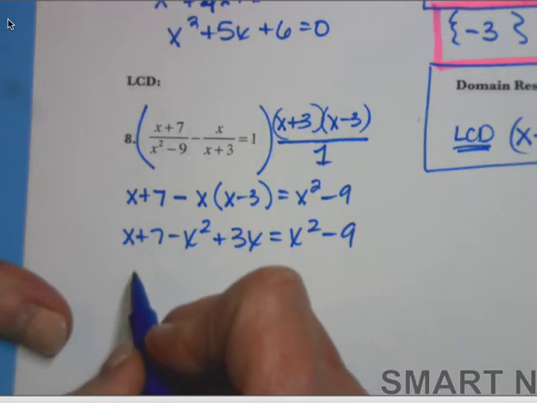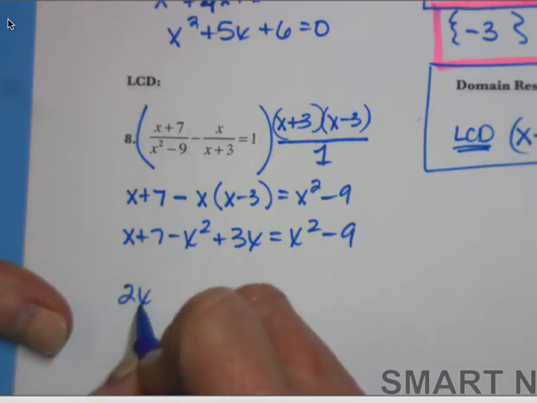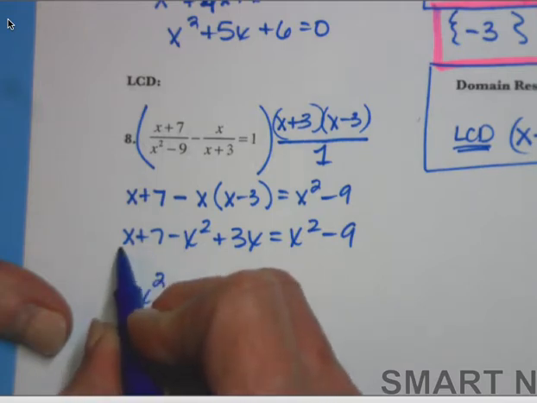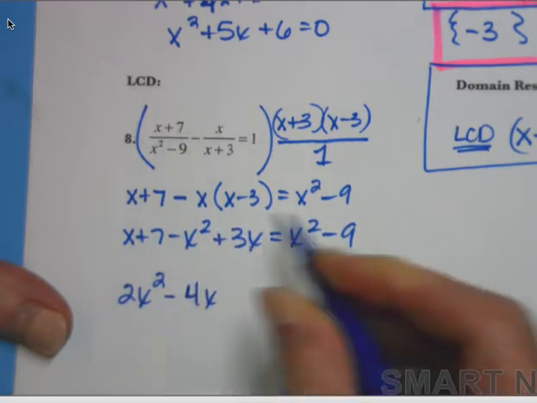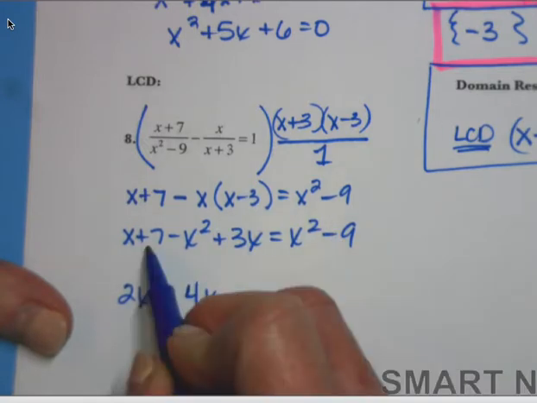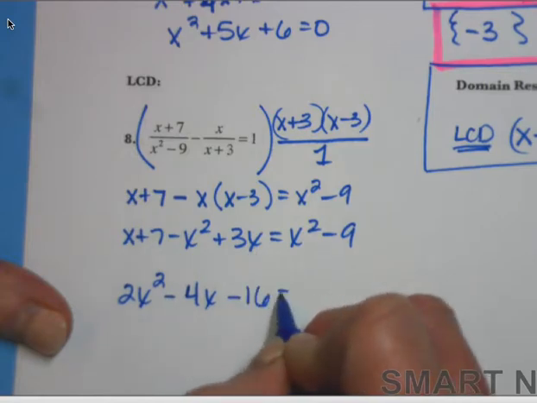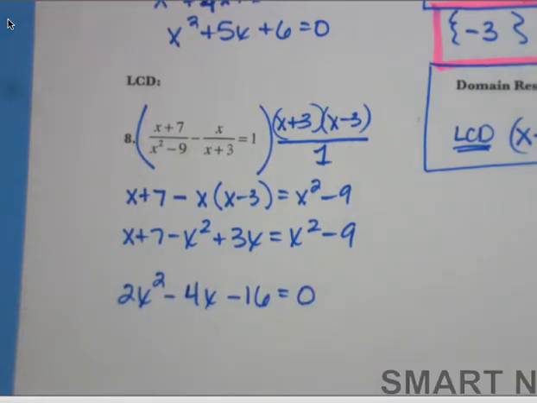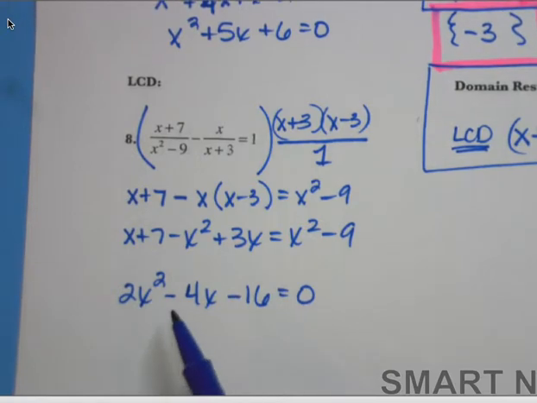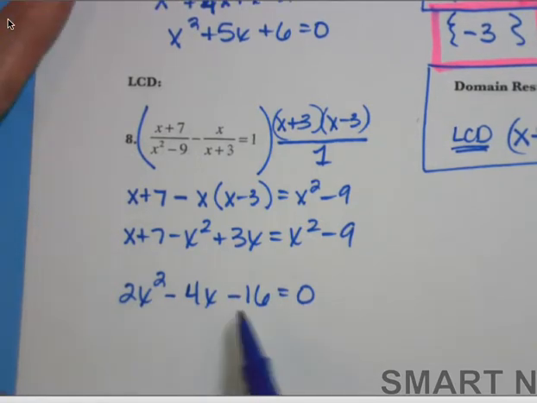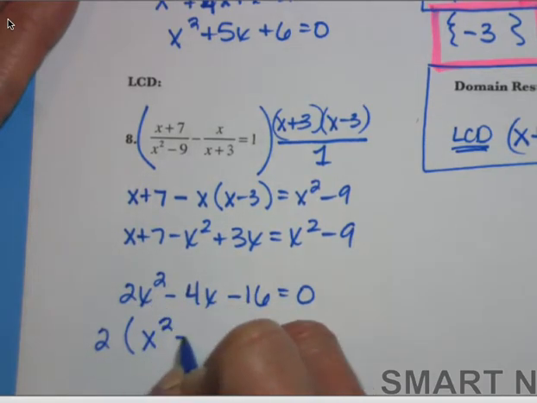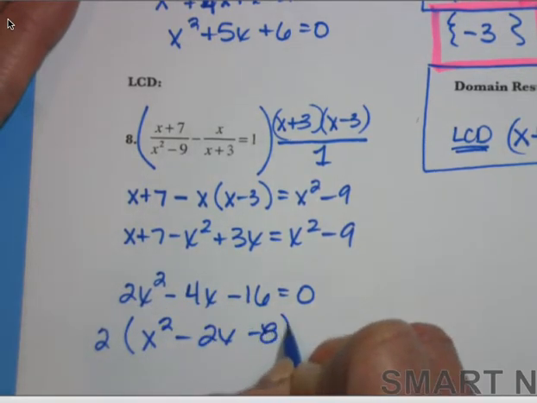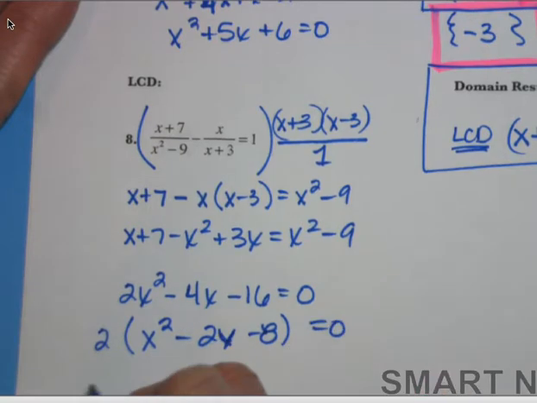And let's see, cleaning this up, that's going to give me 2x squared, and that's going to be positive 4x, which means it's going to be negative 4x on the other side, and then negative 9 subtracting 7. And let me check my work to make sure that I've done that correctly. Yes, that's correct. And I see that I have a GCF of 2. So when I remove my GCF, I think the factoring becomes pretty easy here.